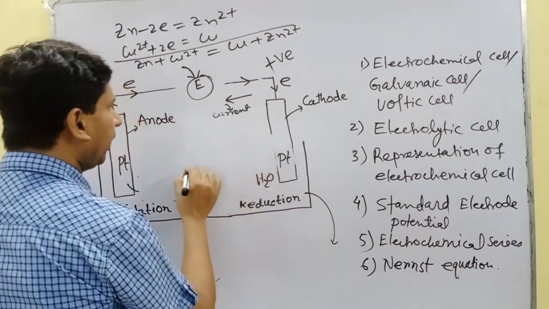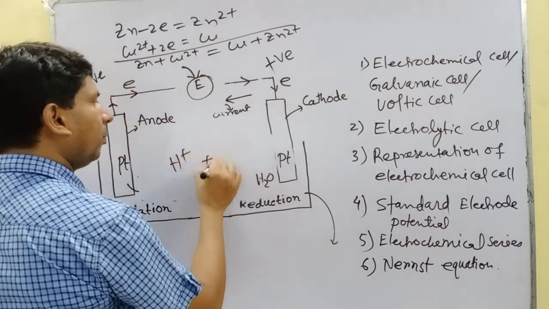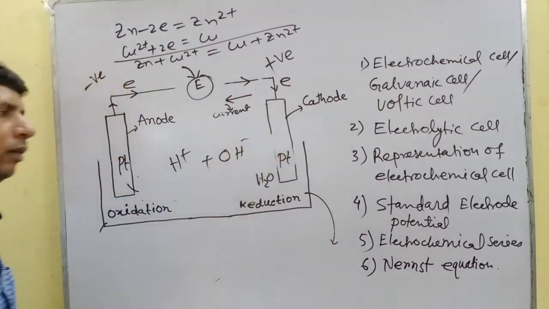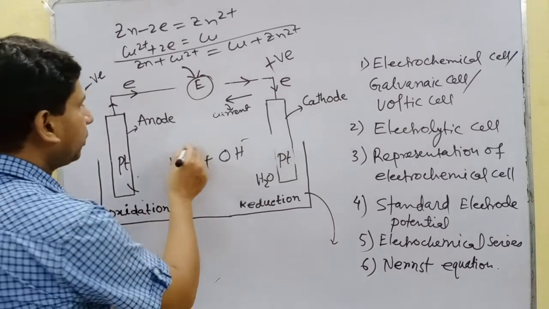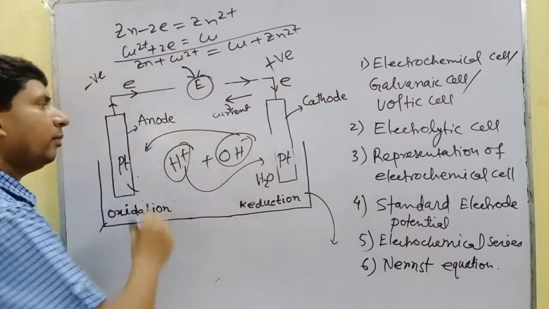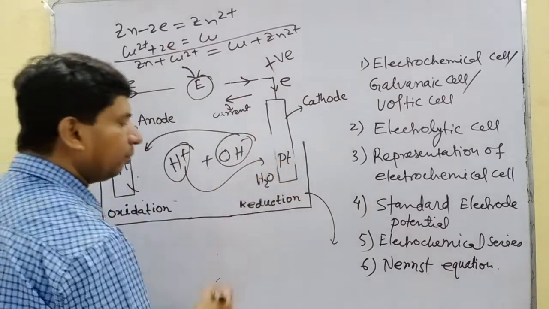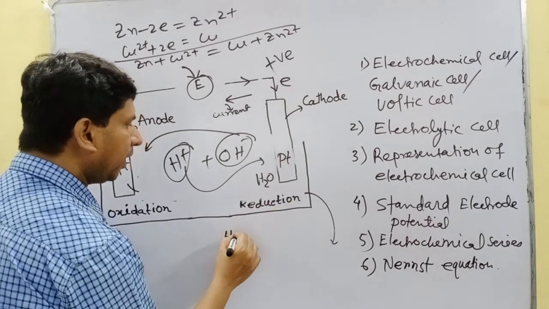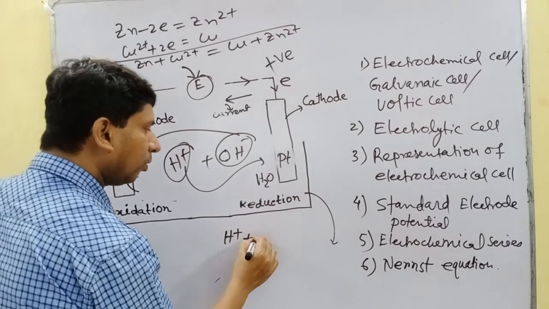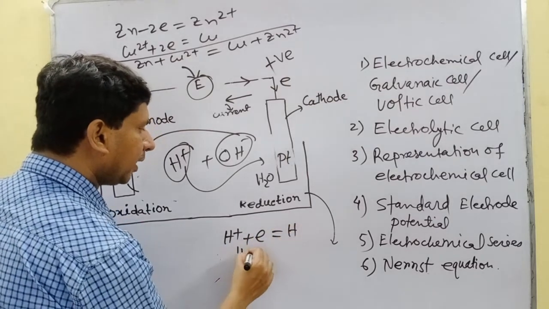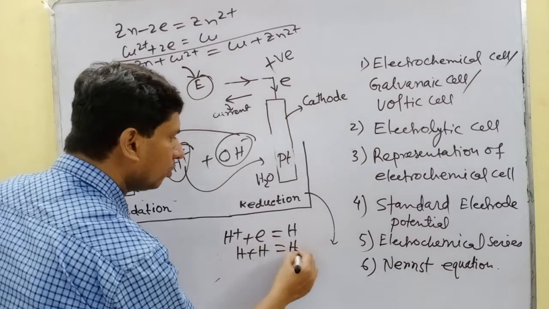H2O breaks down into H+ plus OH-, then what happens? H+ goes to the cathode, OH- goes to the anode. When H+ goes to the cathode, H+ takes one electron and forms H, and H plus H equals H2.